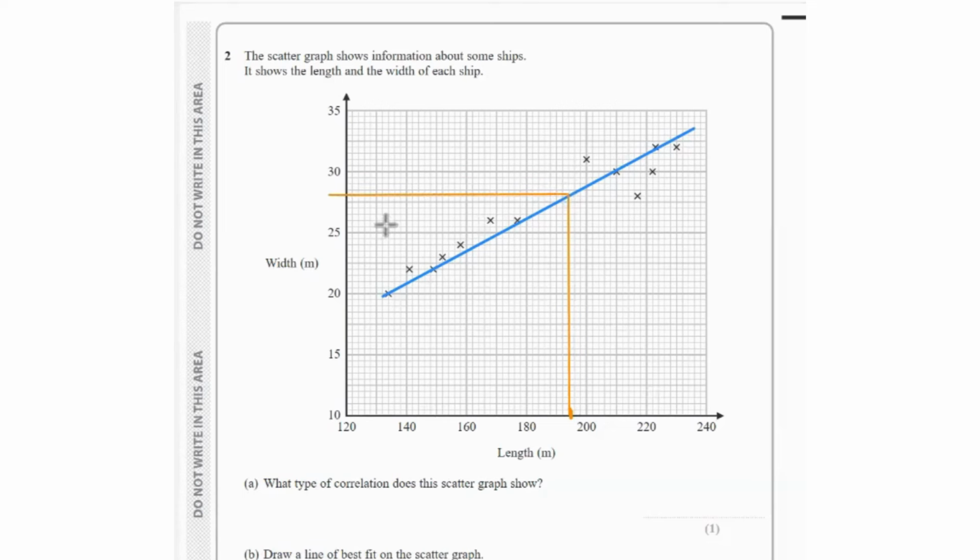That's 26, 27, 28. I'm getting 28 meters for the width. Obviously, everyone will have a different value because it depends on the line of best fit, but as long as it's in the given range that is given by the marking scheme, your value would be correct.